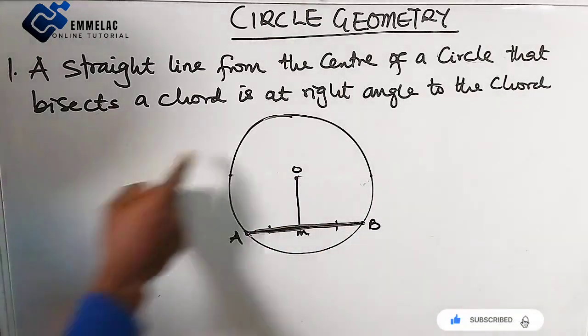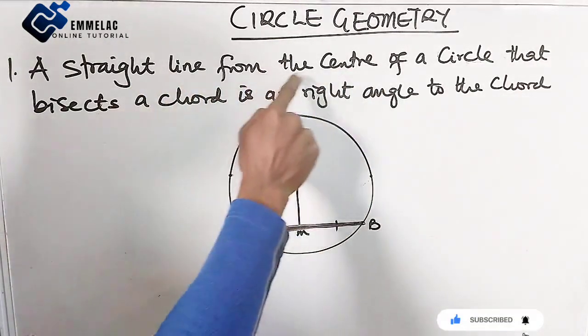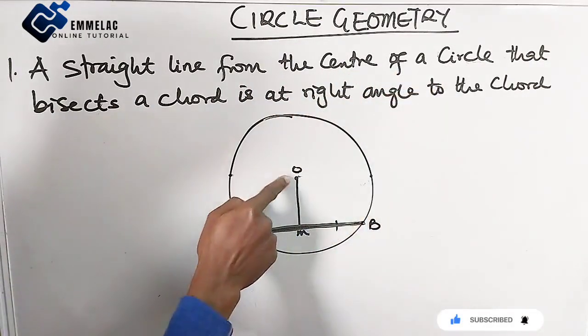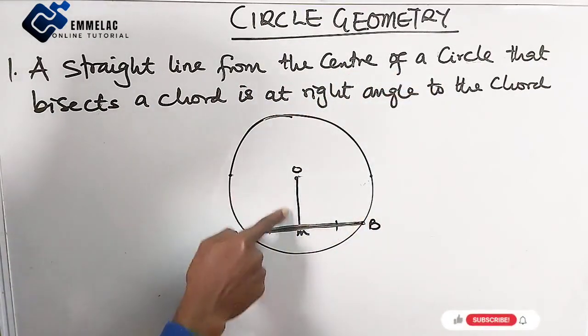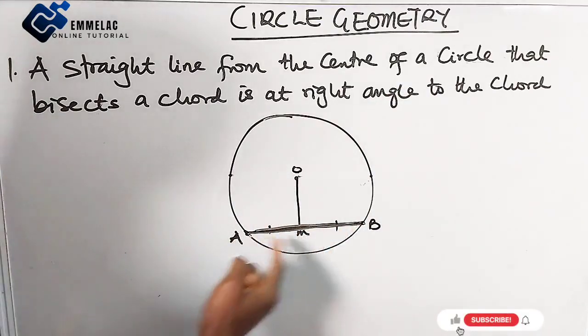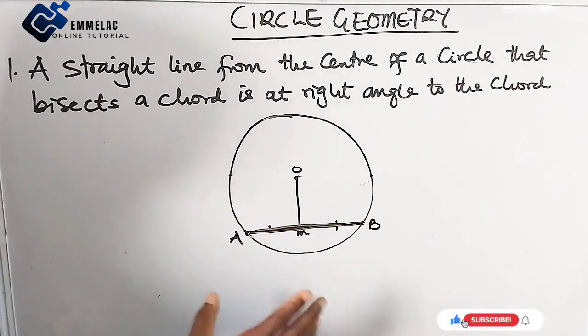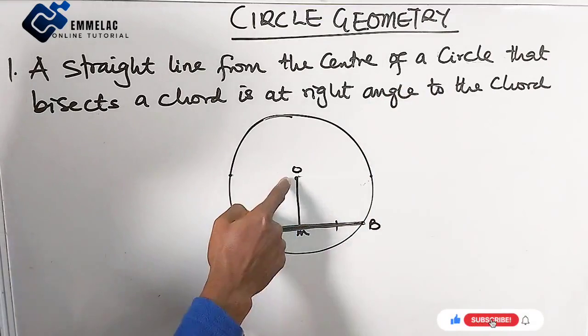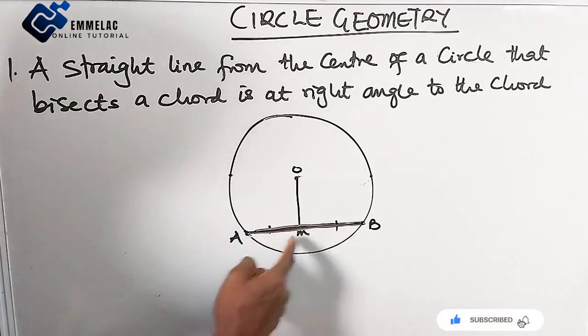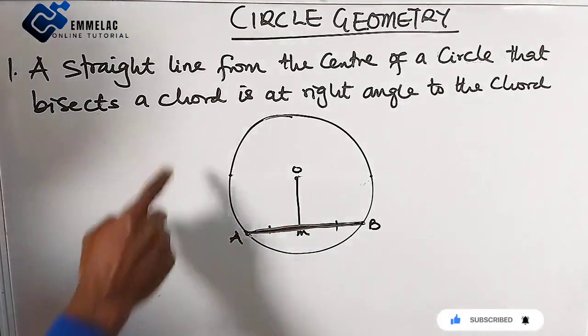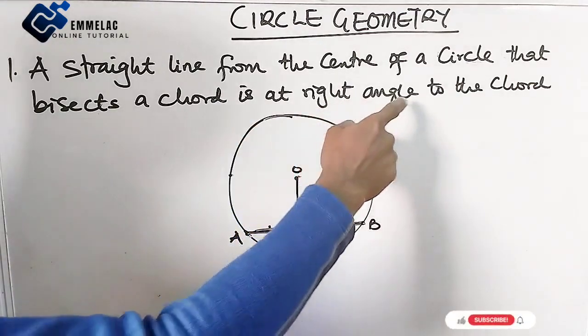When a straight line from the center of the circle bisects, and bisect means dividing a line equally into two equal parts, this line bisects a chord, which means it is at right angle to the chord.